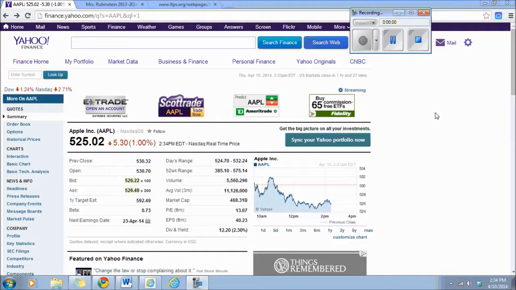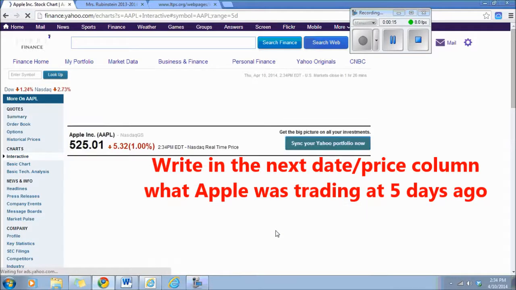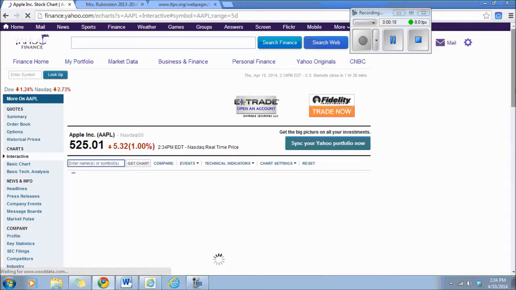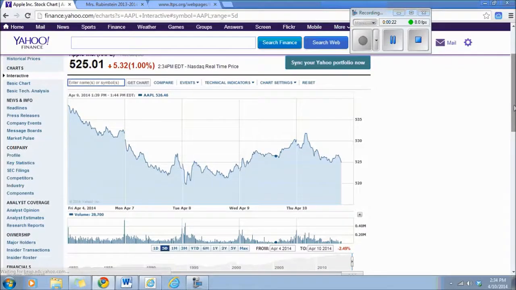What I'd like you to do is write down in the next date and price column what the price of Apple was 5 days ago. So you're going to click down here where it says 5D, and it's going to show you a 5-day snapshot of Apple stock.